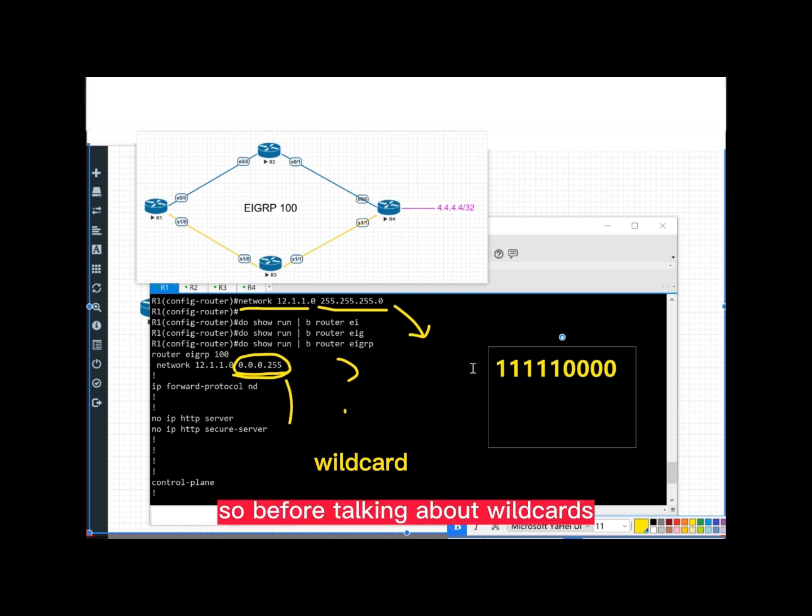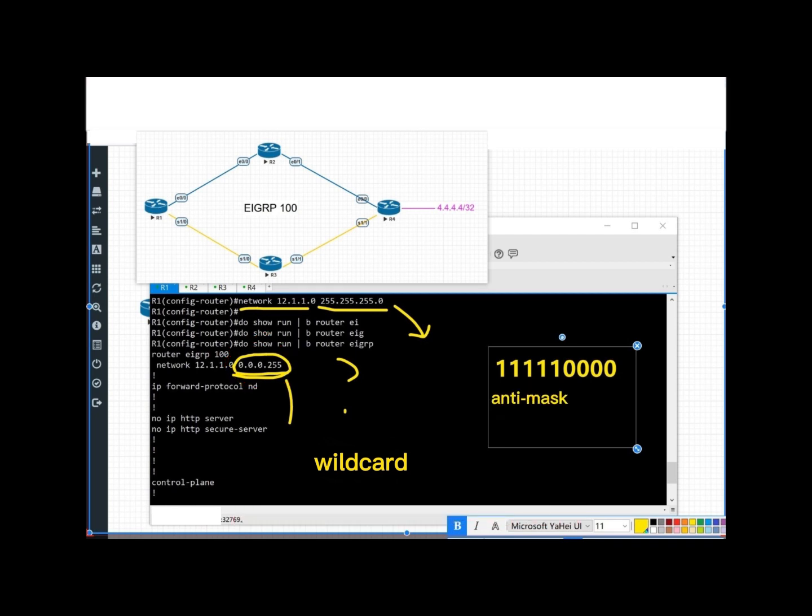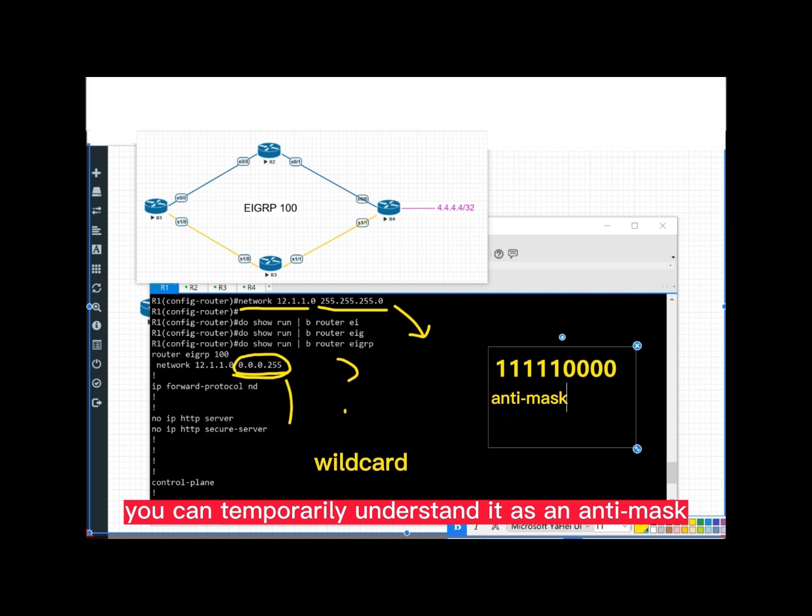So before talking about wildcards, let's look here first. 255.255.255.0 represents /24, and 255.255.255.128 would represent /25. Actually, you can temporarily understand a wildcard as an anti-mask.